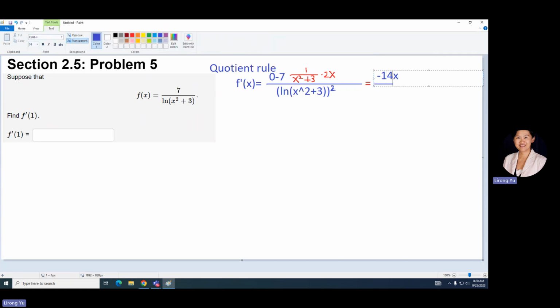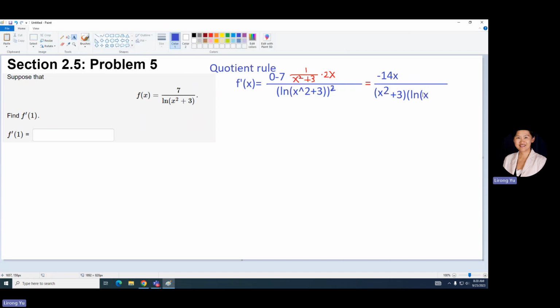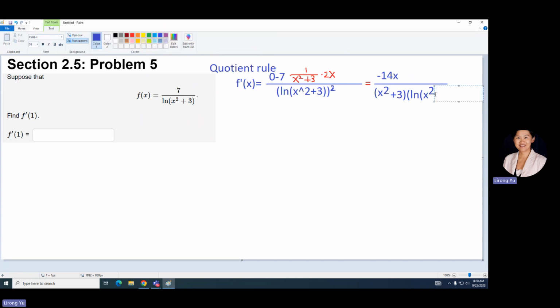And then everything else is in the denominator. So the denominator will be x squared plus 3, and the ln of x squared plus 3 is also in the denominator.